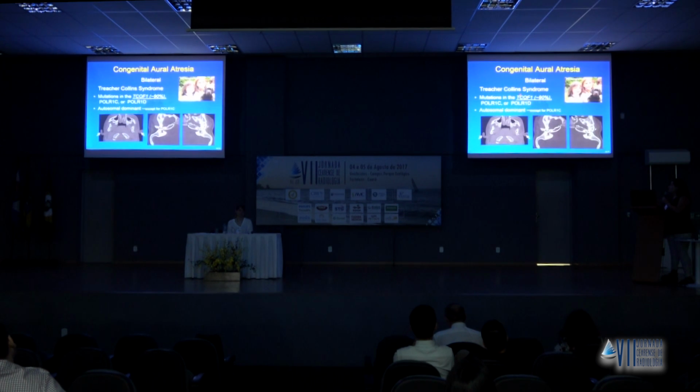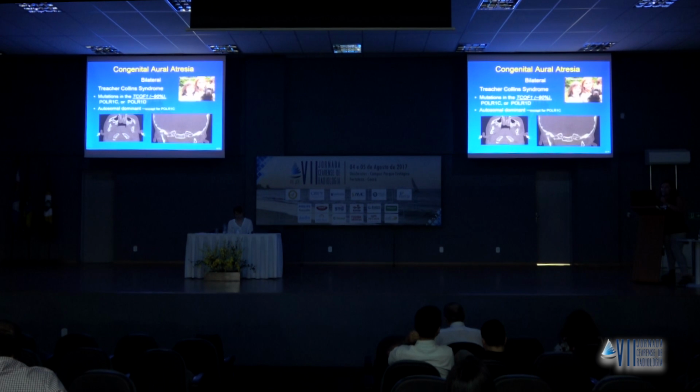These patients typically have autosomal dominant inheritance, except for POLR1C mutation. And the most common mutation in these patients is TCOF1. About 90% of them have this genetic mutation. The other important feature of Treacher Collins is the abnormal facial development.